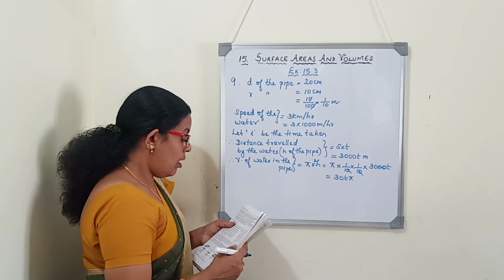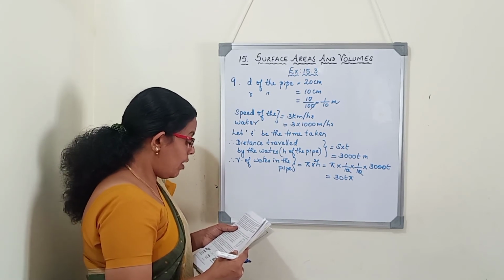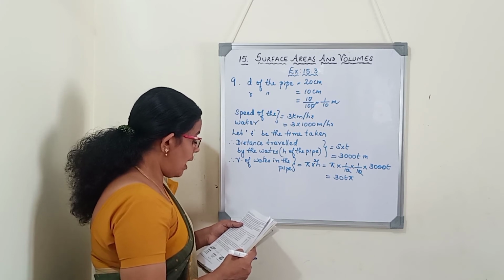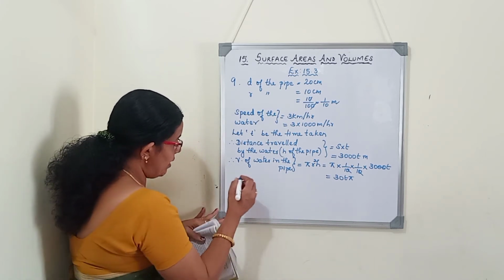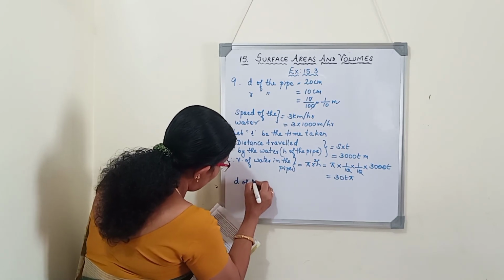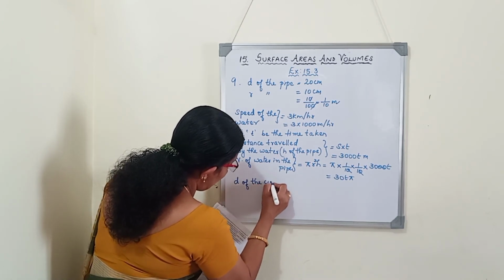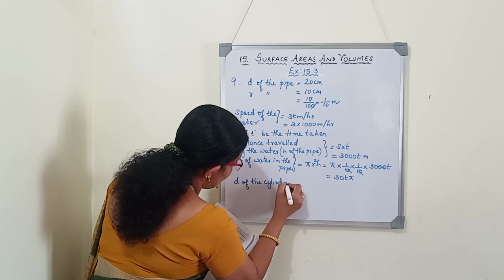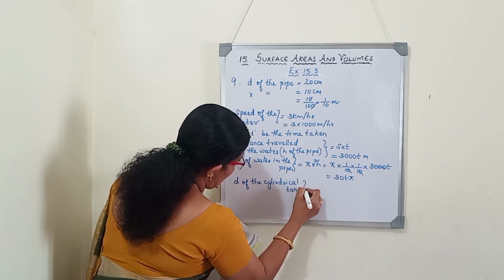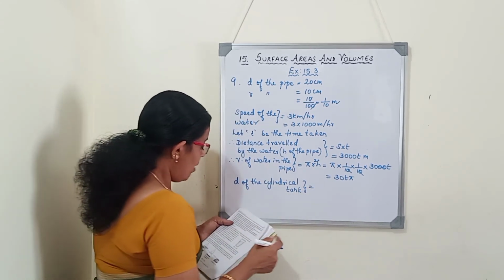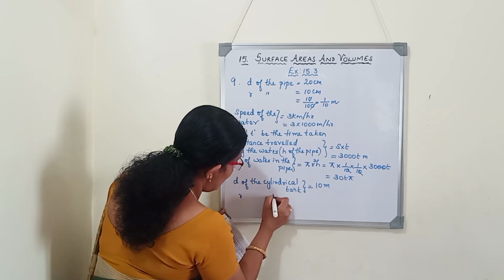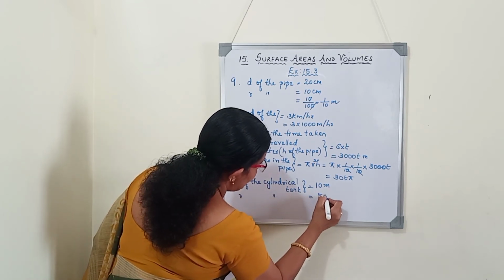So the water will be reaching a cylindrical tank which is 10 meter in diameter and 2 meter in deep. So diameter of the cylindrical tank equals 10 meter. So radius of the cylindrical tank is 5 meter.